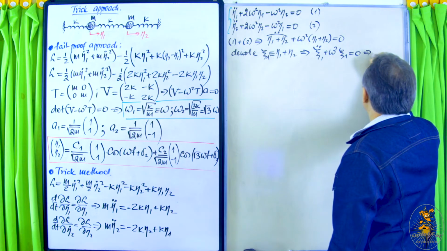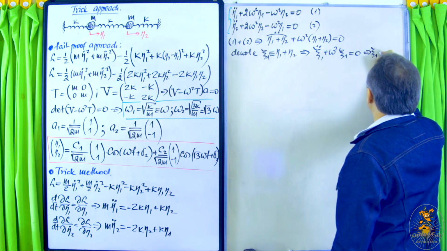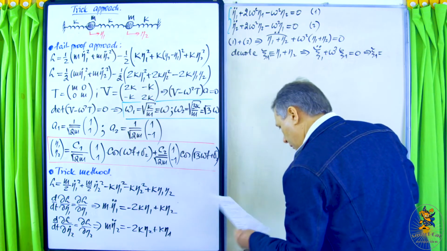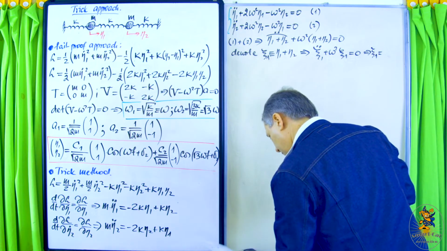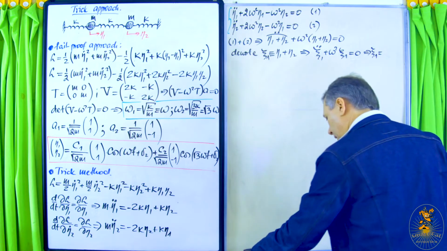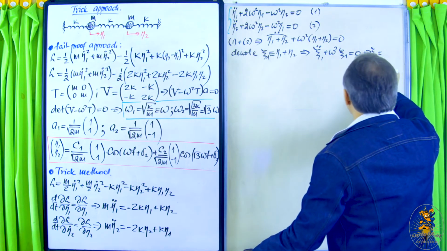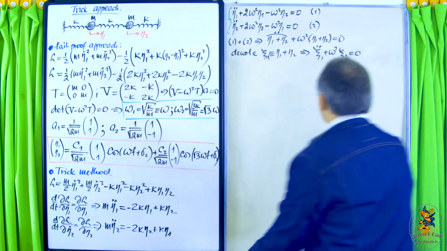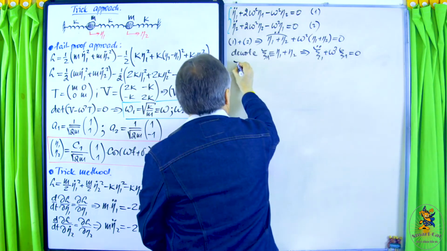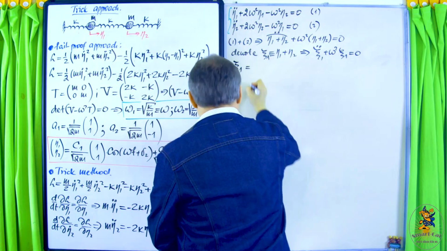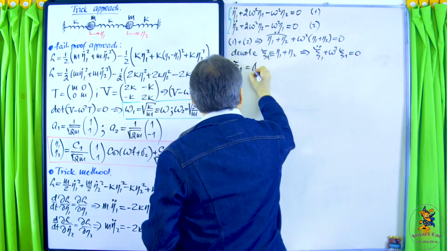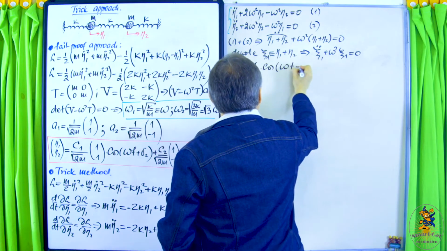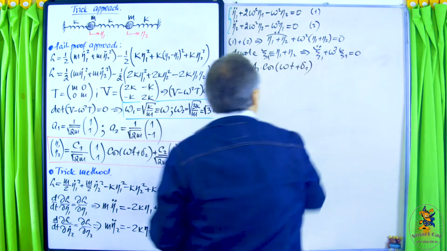So of course we can write psi 1 equals, which constant do I use? Okay, A1. I doubt that I will have enough space, so let me move to the next line. As a result, psi 1 equals A1 cosine of omega t plus delta 1, right?